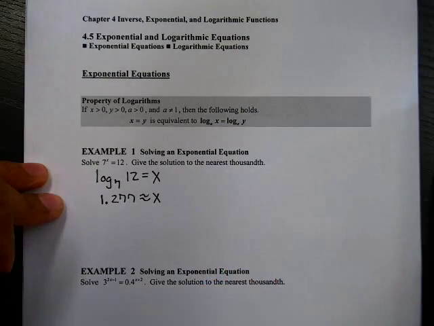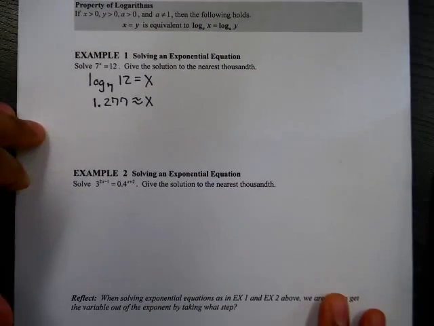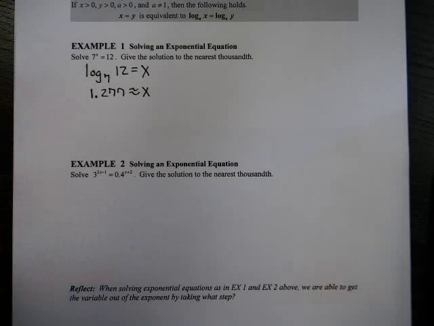Now, as we look at example 2, we have to use a different method here. It says, for example 2, solving an exponential equation. It wants us to solve 3 to the 2x minus 1 equals 0.4 to the x plus 2. Give the solution to the nearest thousandth.